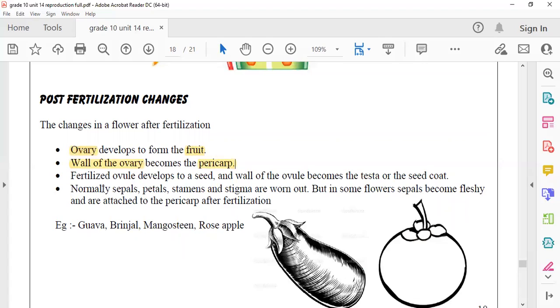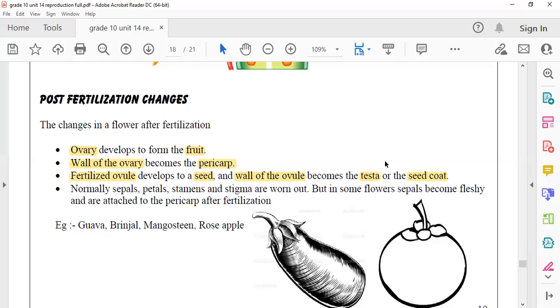Right? You don't eat everything in a mango. Third, the fertilized ovule develops into seed. Fourth, the whole of the ovule turns to seed coat. Seed coat has another name called testa.